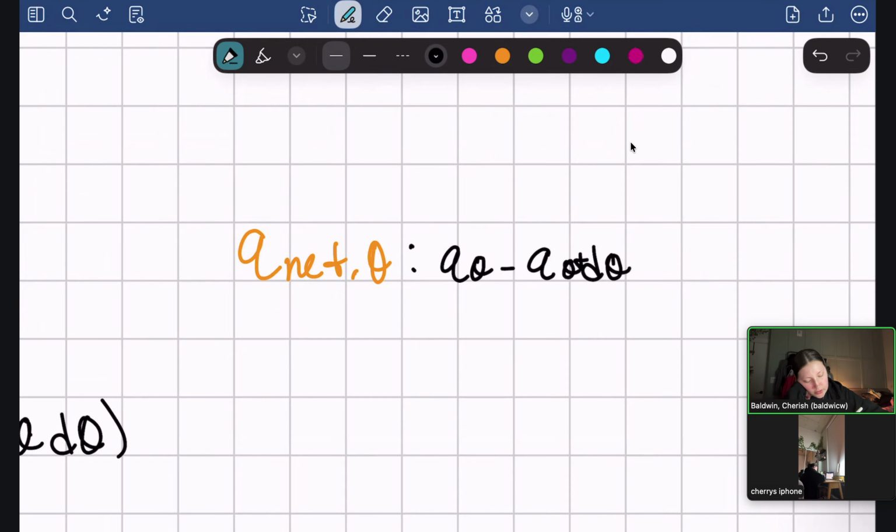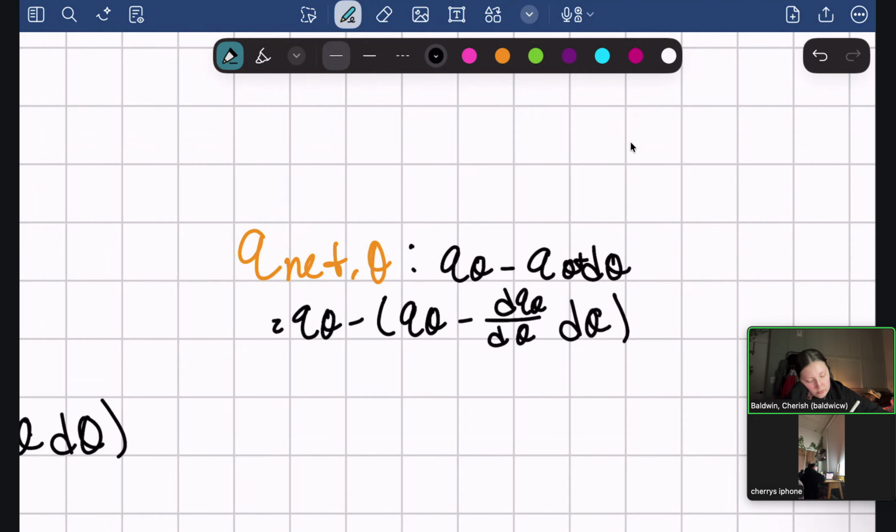The Taylor series now. Now applying Fourier's law.